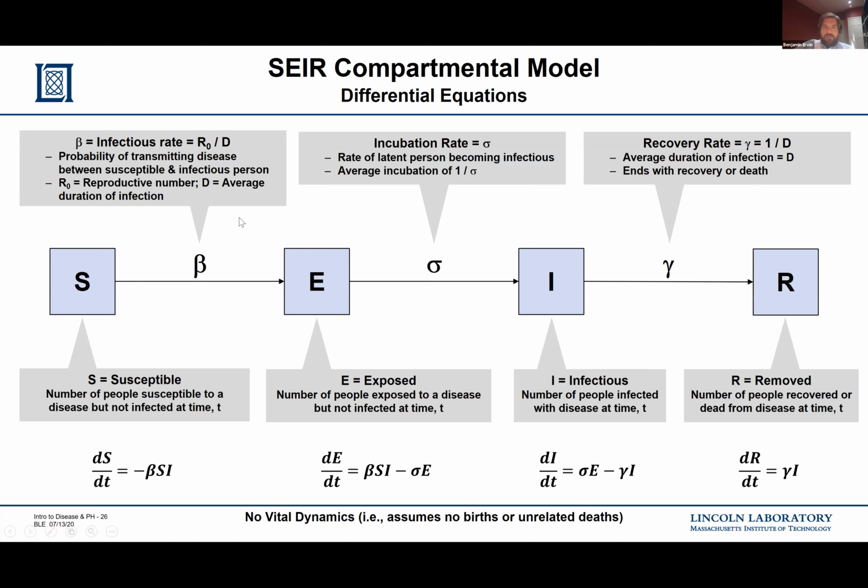So this is the infectious rate, the incubation rate, the recovery rate, the four different compartments, and then their terms, and then the four differential equations that need to be solved in order to create one of those susceptible exposed infectious recovery charts that I showed you.